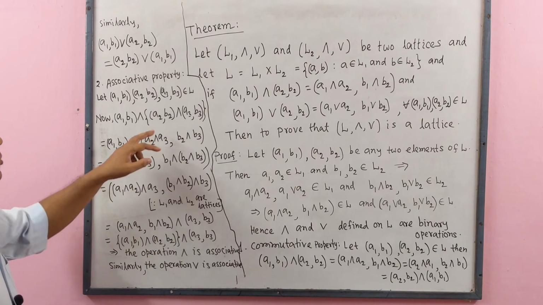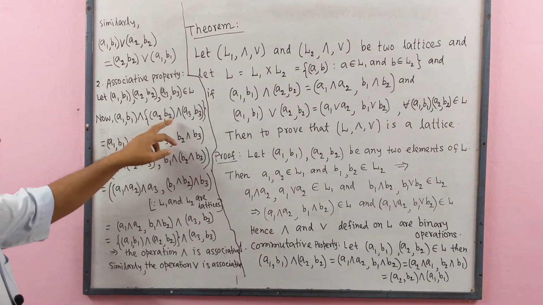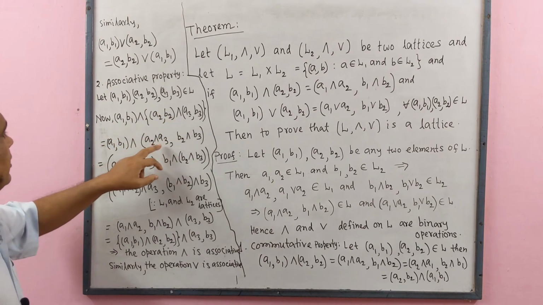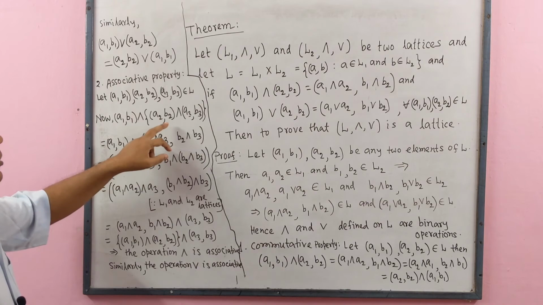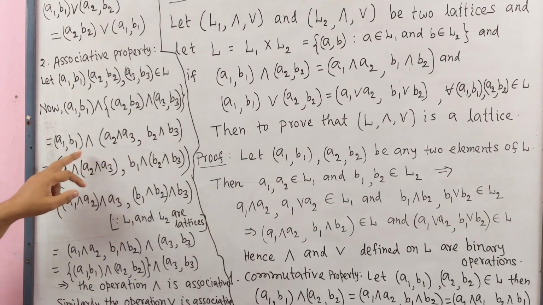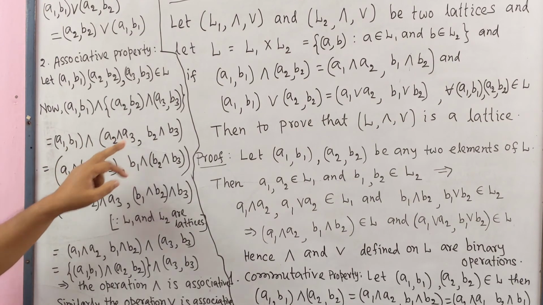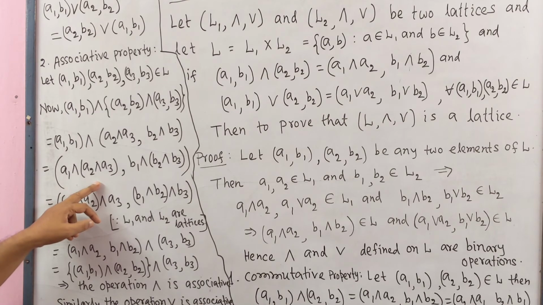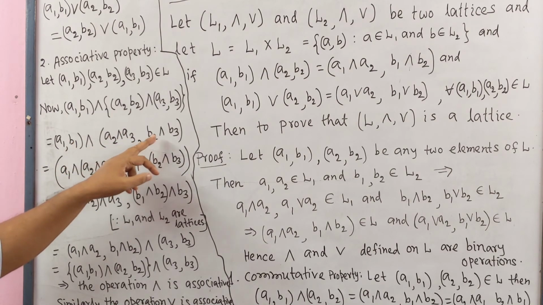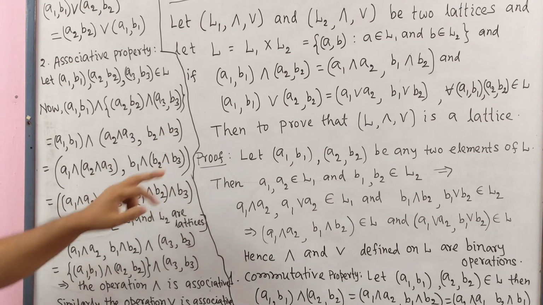This equals (A1 meet (A2 meet A3), B1 meet (B2 meet B3)). Here we see the meet.